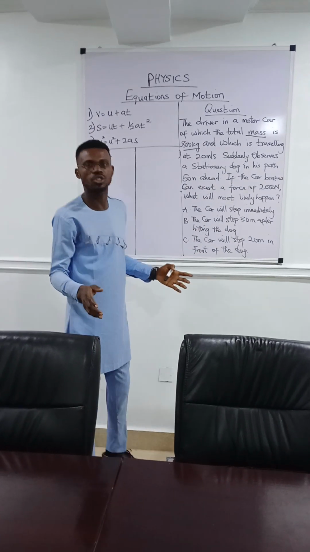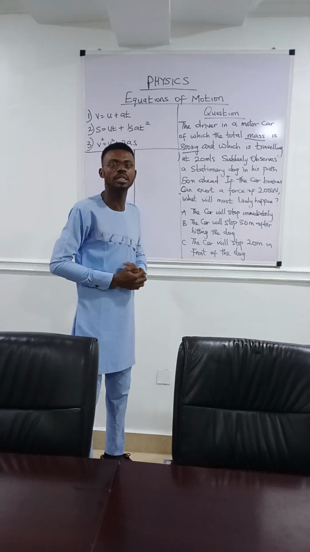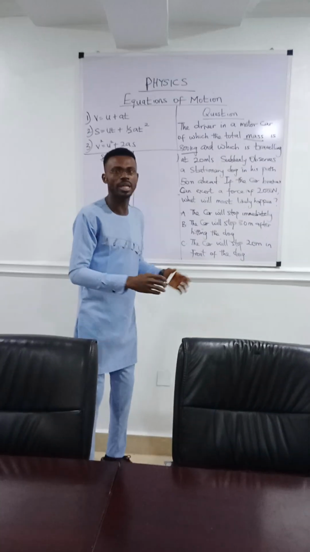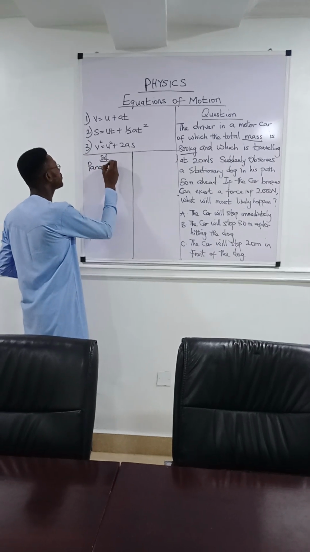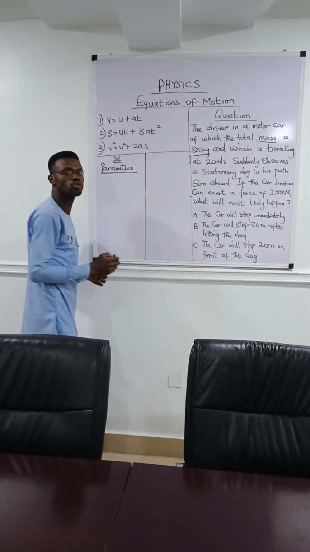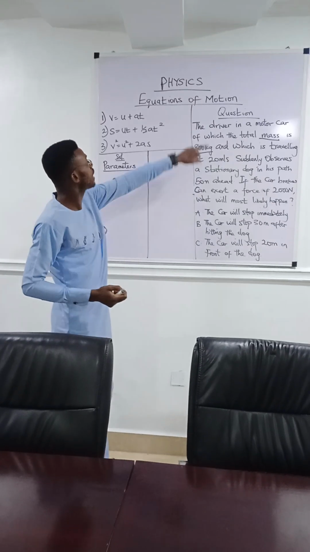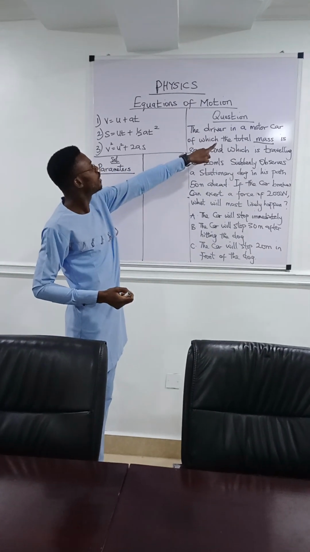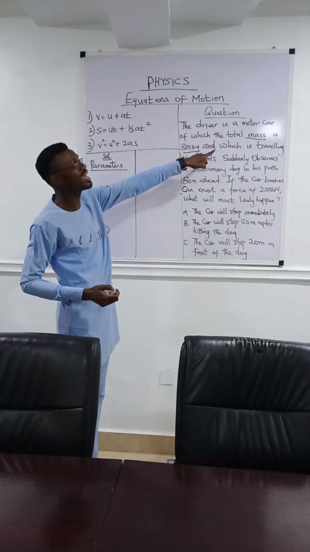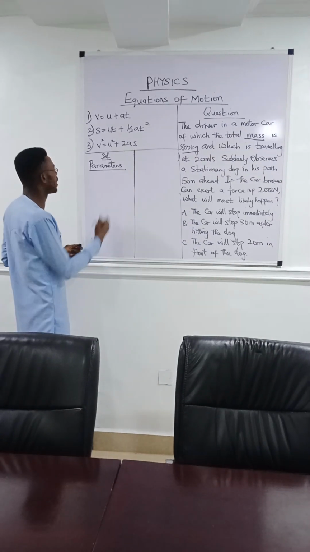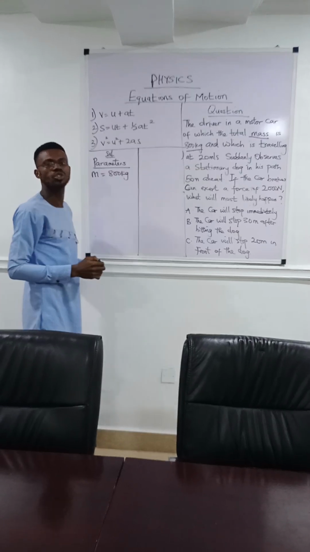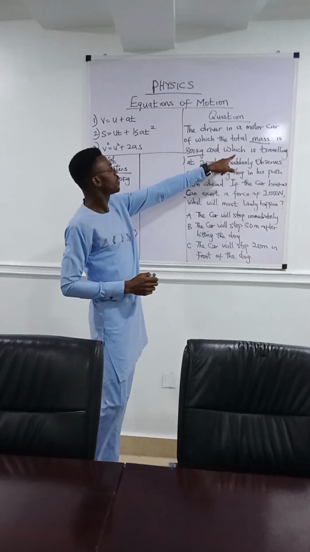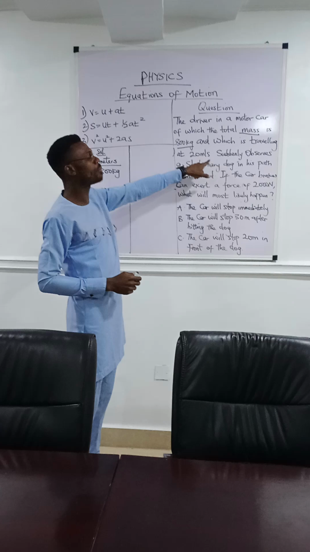This is a JAMB question that has posed a lot of challenge to many students. Let's solve it together. First things first, we'll bring out our parameters, what we're given in the question. The question says the driver in a motor car of which the total mass is 800 kilogram. So my mass m is 800 kilogram. Which is traveling at 20 meters per second.